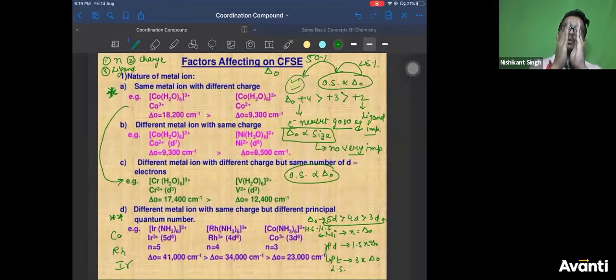The closer it is, the more its electrons can interact with the metal d electrons. So the repulsion between them is more, so the splitting is more. Correct? I told you, for repulsion, attraction should happen. Positive charge is more on the metal atom, so it can attract ligand more. They come close. Now ligand electrons and metal electrons can repel more. Is that clear, Basan?